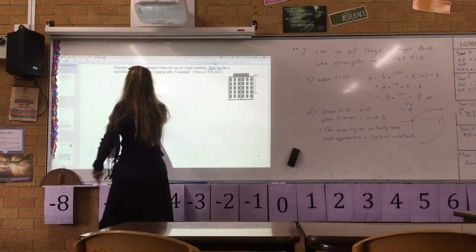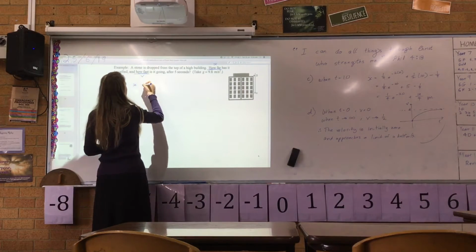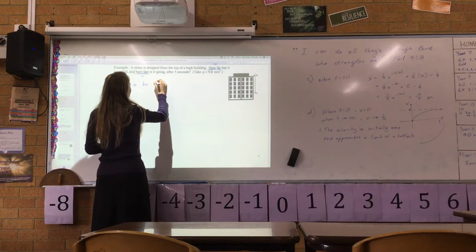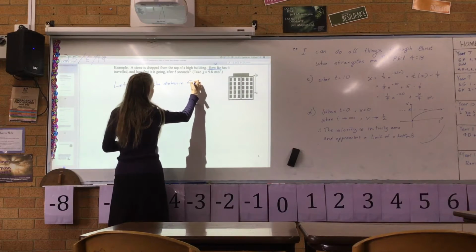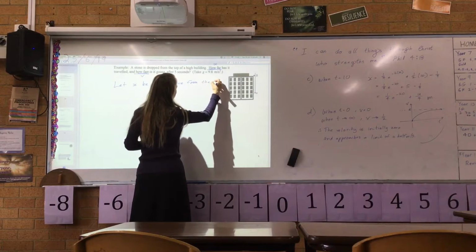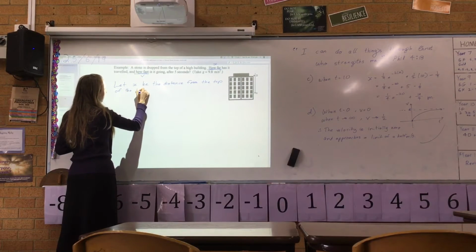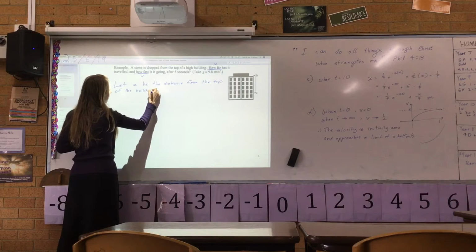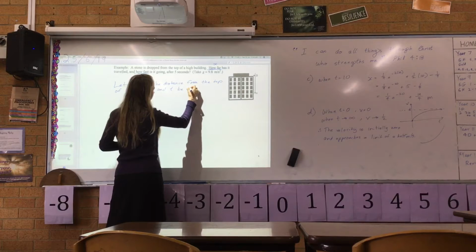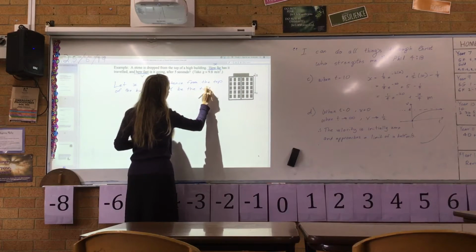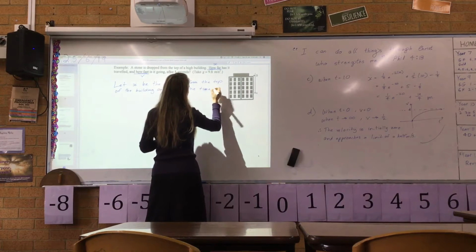So, let's write all that down. Let x be the distance from the top of the building and t be the time after the stone is dropped.